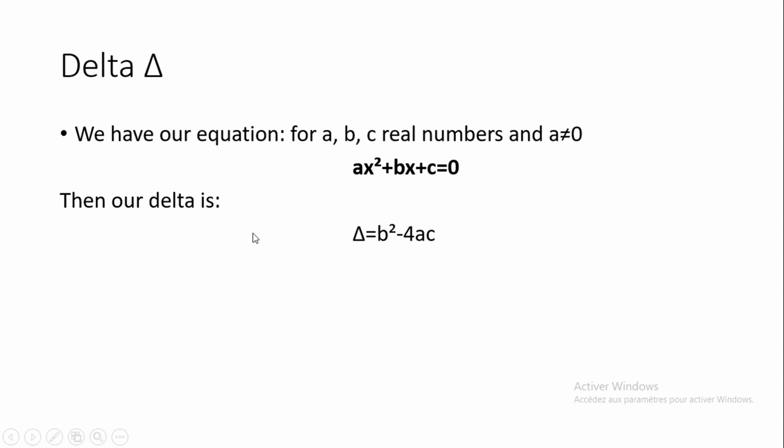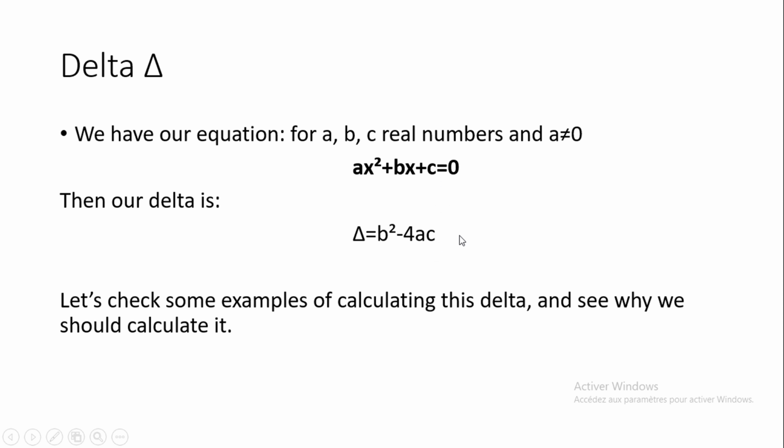So our delta is b squared minus 4 times a times c. So we should learn this.